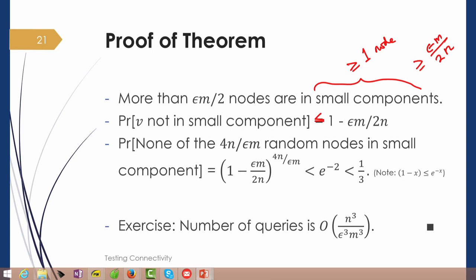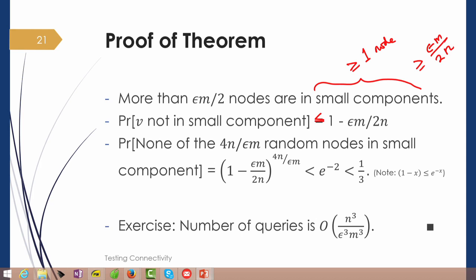This is one particular vertex V that was chosen uniformly at random. If you recall the algorithm, we repeated this 4n over epsilon m number of times. So let us look at the probability that none of the 4n over epsilon m random nodes will land in small components. Now, this is really bad because we have missed all the small components, not once, not twice, but 4n over epsilon m times. But what is the probability of that bad event?